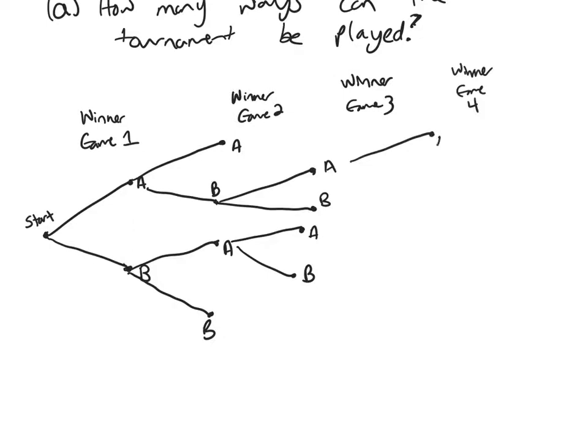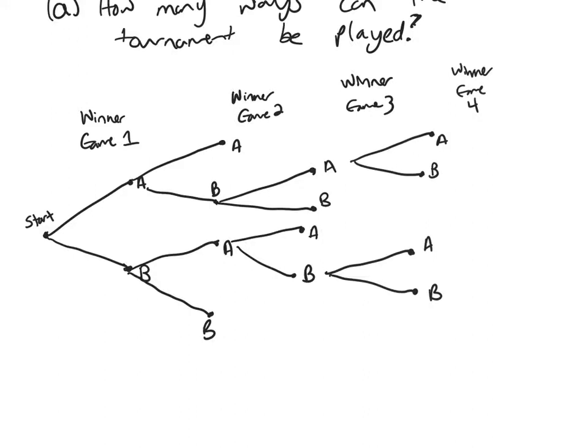Here, either A wins or B wins. But if I look at this one down here, B has won twice in a row, so the tournament would be over. Same thing if I look here, A has won twice in a row, the tournament would be over. But if I look here, nobody's won twice in a row and nobody's won 3 times total. So here I would have to have a game 4, and again, either A wins or B wins.